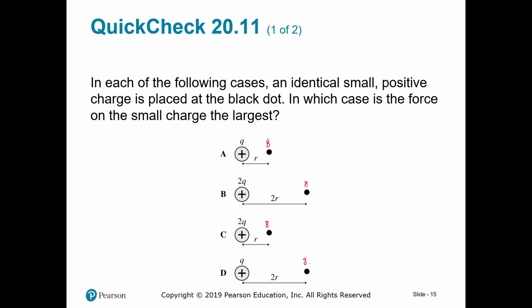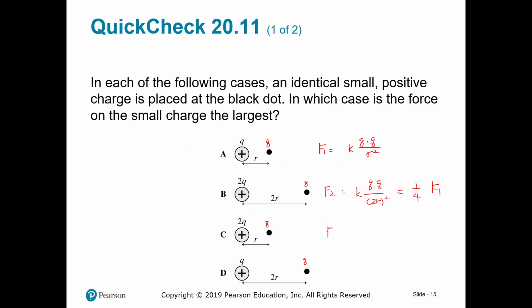So again, it's exactly the same thing. F1 is K times Q and another Q over R squared. F2 is gonna be K, Q, Q, but now 2R squared. So if you take the 4 in front, this is gonna be 1 over 4 times F1, right?